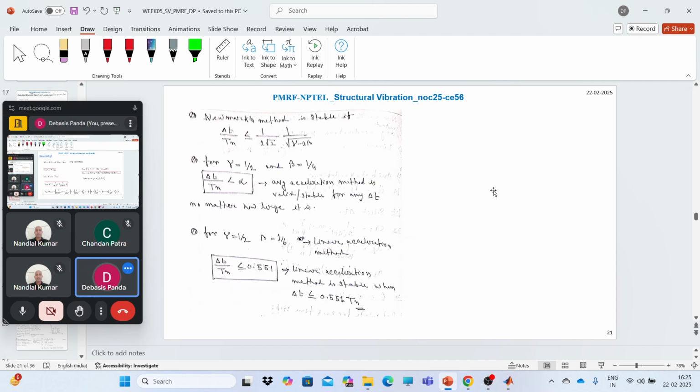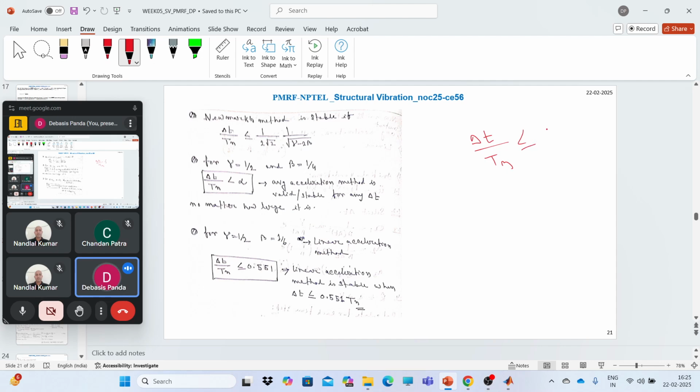For the Newmark-β method, the stability depends on this criterion: del t by Tn should be less than or equal to 1 by (square root of 2) times 1 by the square root of (gamma minus 2 beta).